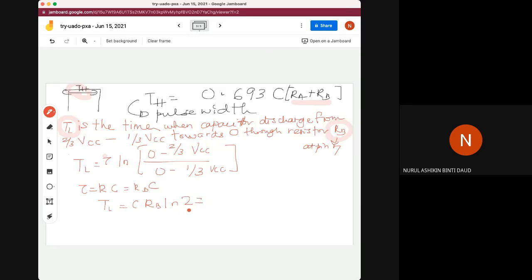If you use your calculator to calculate the value, it will be 0.693 times the capacitor value times the resistor value.